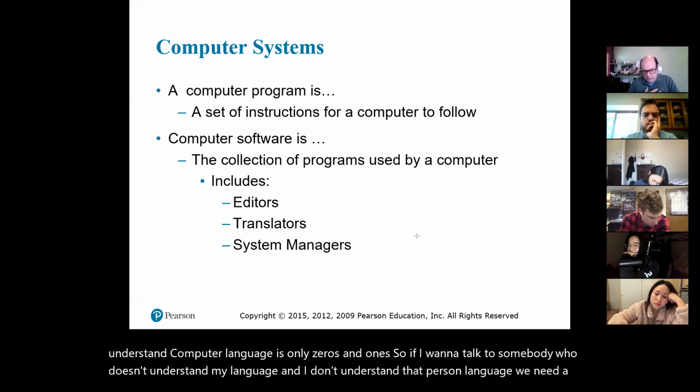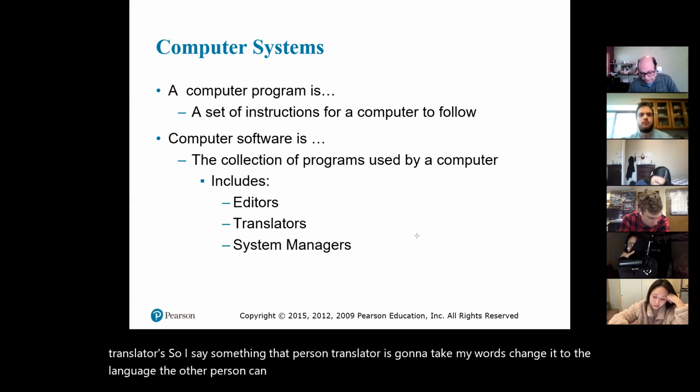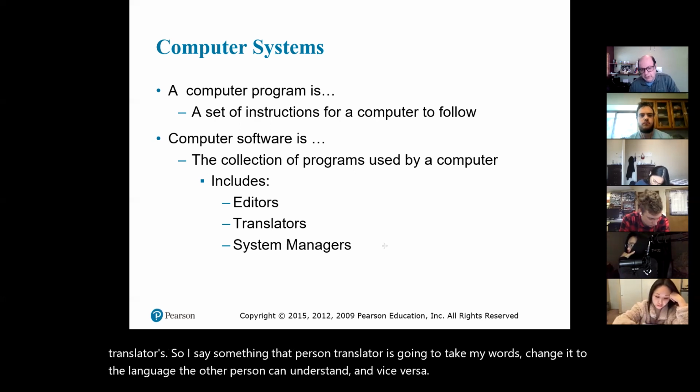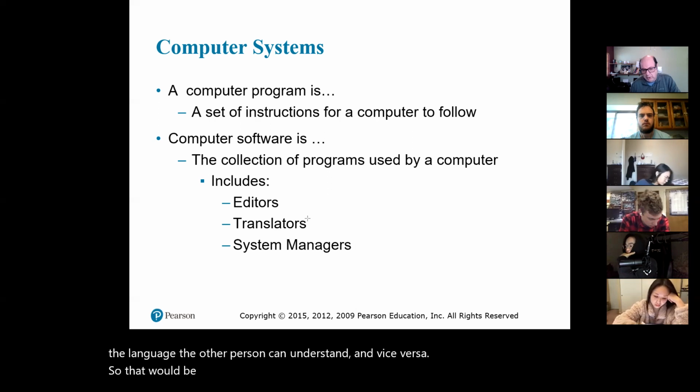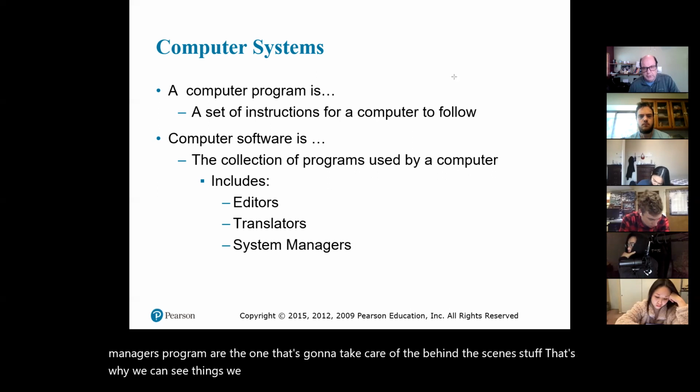I say something, the translator takes my words, changes them to the language the other person can understand, and vice versa. That would be our translators, the compilers that we're talking about. And of course, system manager programs take care of the behind-the-scenes stuff. That's why we can see things, share things, and do things. That's the bottom line with these things.